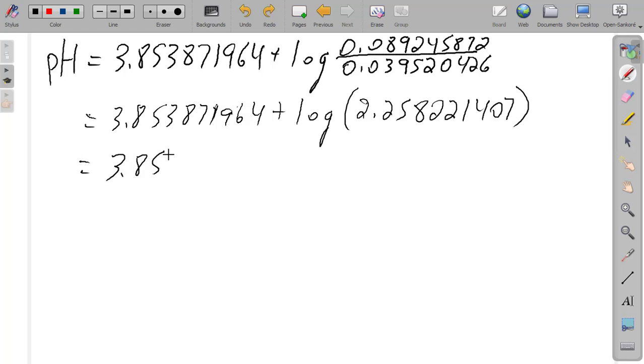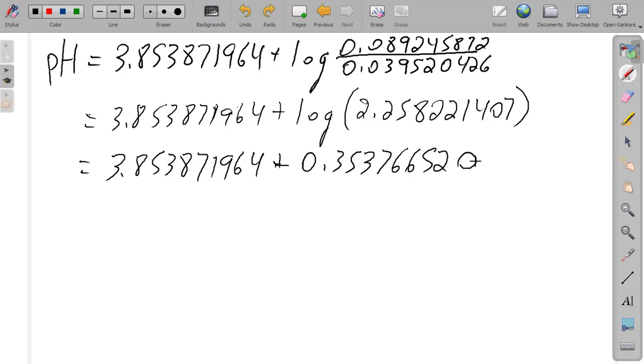So again, 3.853871964, and then the log, which is going to be a positive value, 0.353766520. Remember, the log of any number greater than 1 is going to be positive. All right, and so this gives us overall 4.21248616.